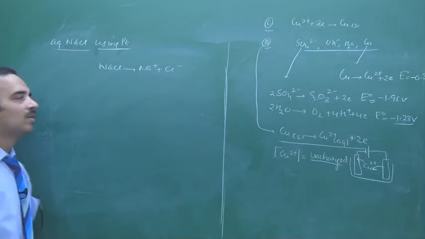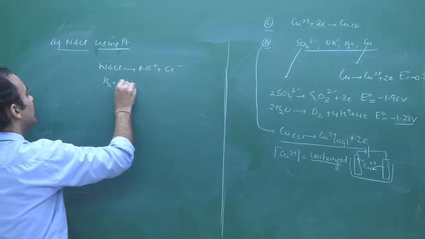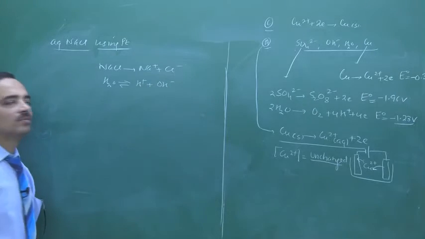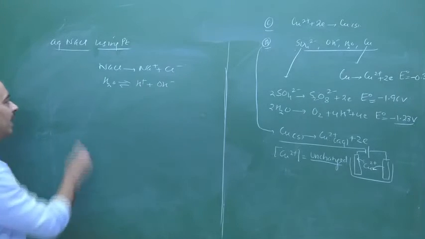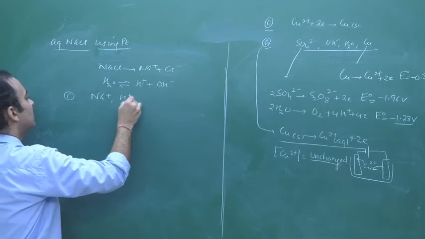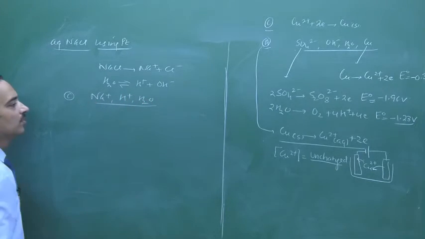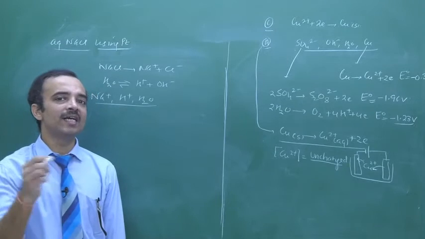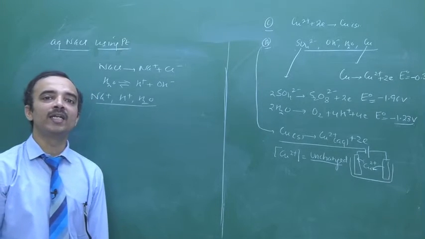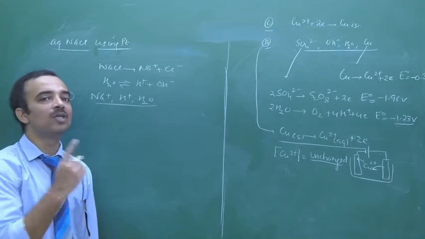Is it clear? Now water is practically unionized. At the cathode, we have competition between Na plus, H plus, and water. If you look at the series that we have written, H plus is supposed to get reduced in preference to the other two.